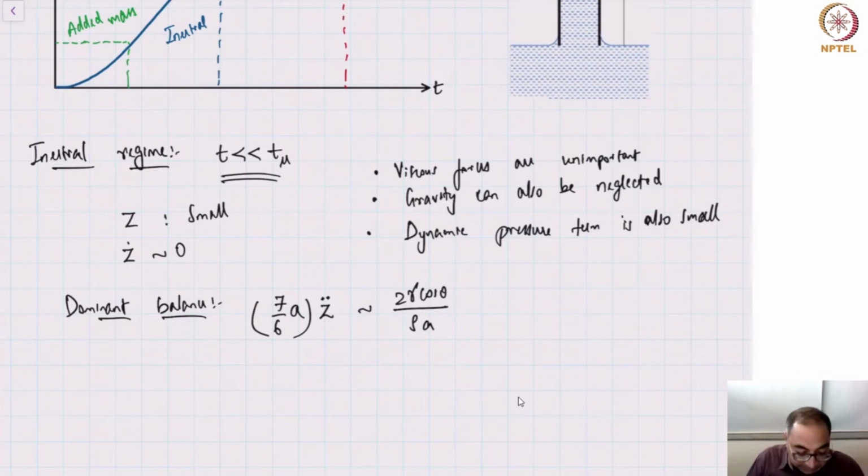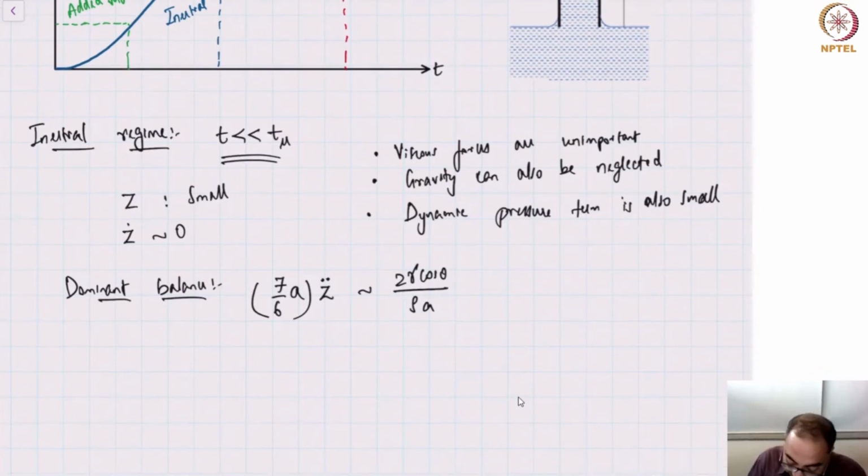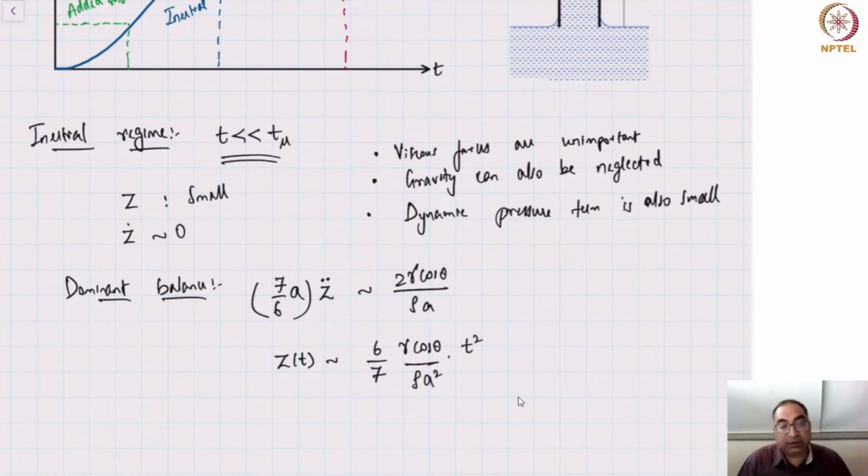We can simply integrate this equation twice. We get z of t goes like 6 by 7 gamma cos theta by rho a square times t square. We have a t square over 2 that we get from integration, which cancels the 2 in the numerator.